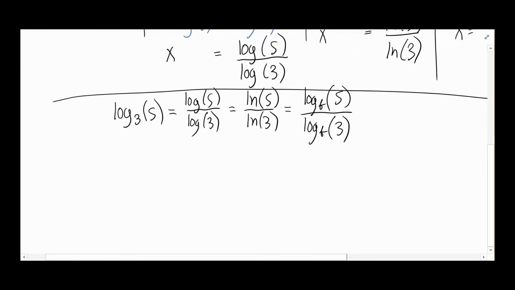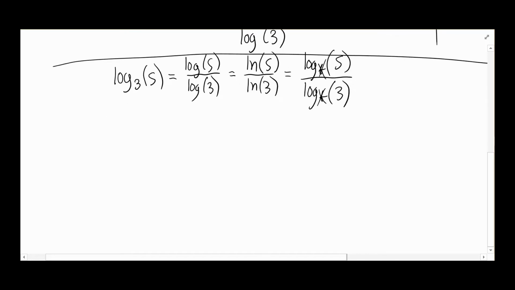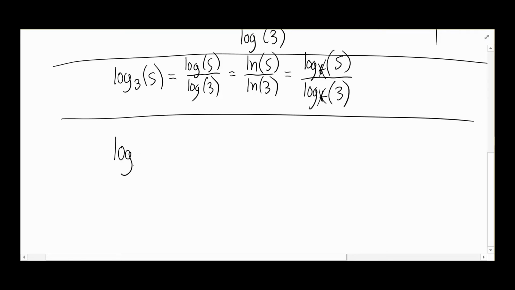So if I want to write this in terms of some general formula, then let's ignore this by calling this b over here, because I'm going to reuse b for something different. Suppose I have log base b of x.